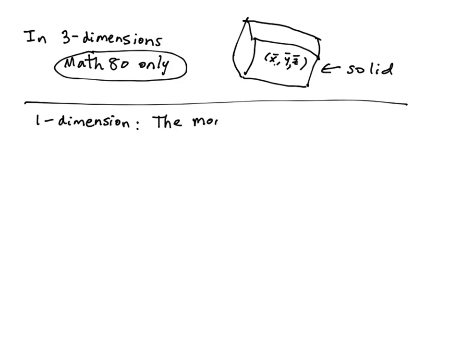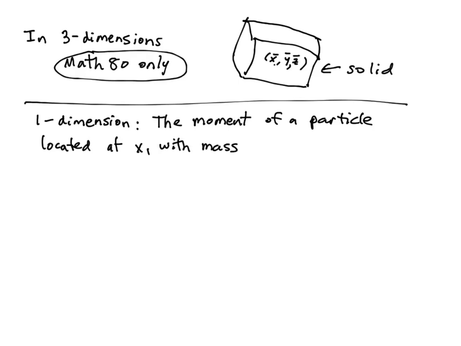So the moment of a particle located at x1 with mass m1 is going to equal its mass times its position.